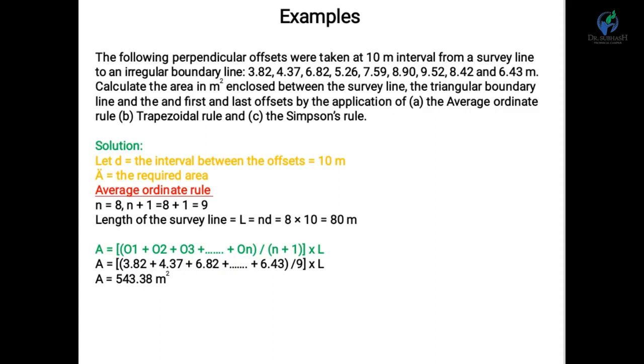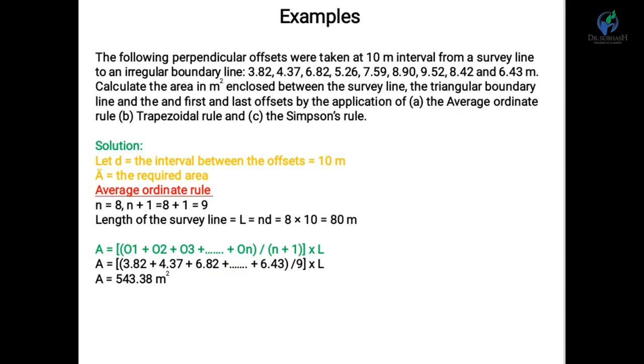As per the average rule, the given number of ordinates is 9 and the number of divisions is 8. So the length of the total survey line is equal to the number of divisions multiplied by the common distance, which is equal to 80 meter.